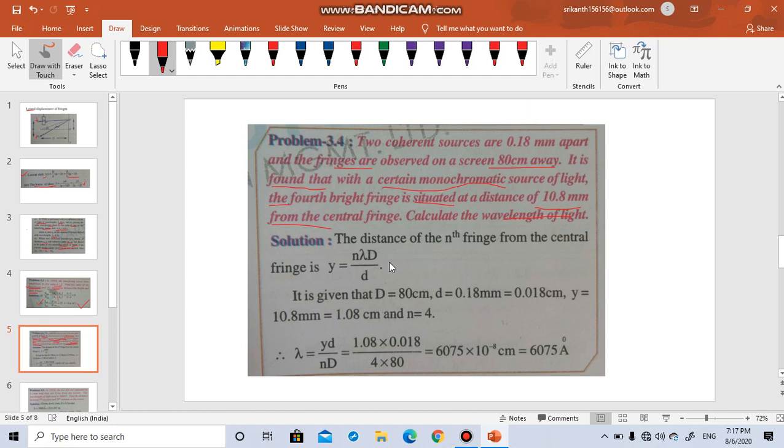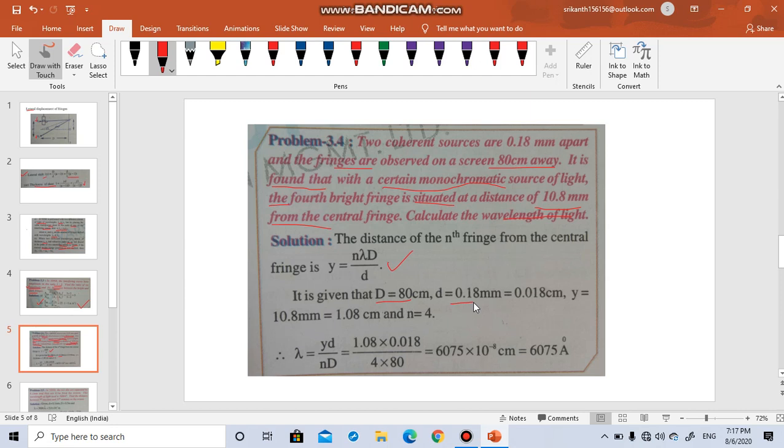First of all, we have derived this expression for the location: y is equal to n lambda D by small d, where capital D is the screen distance and small d is the distance between the slits. Capital D value is given, small d value is given, and you should maintain similar units.